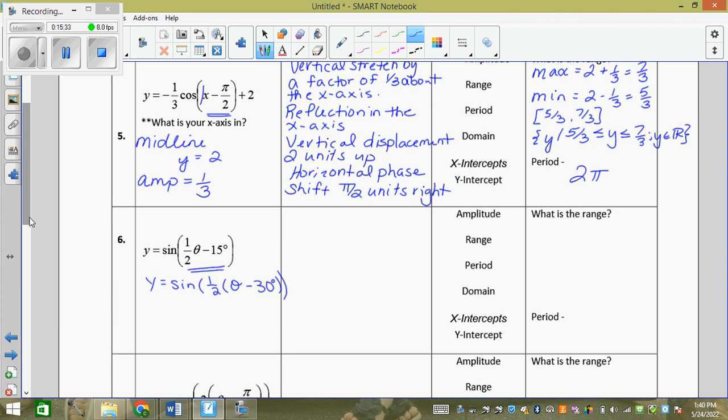So here, it only affects our x's. We have a horizontal stretch by a factor of 2, always flips about the y-axis.